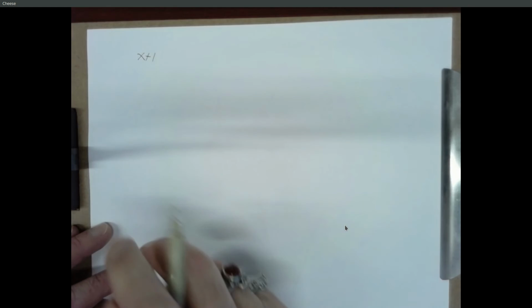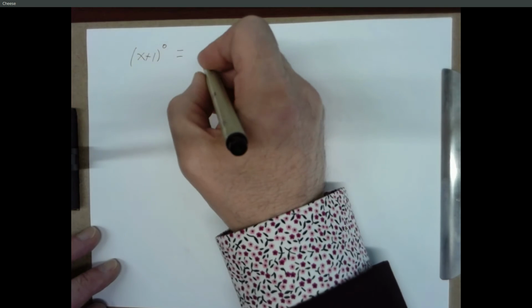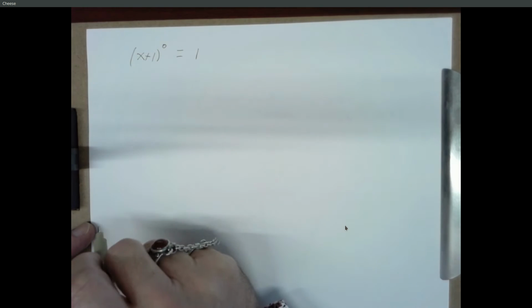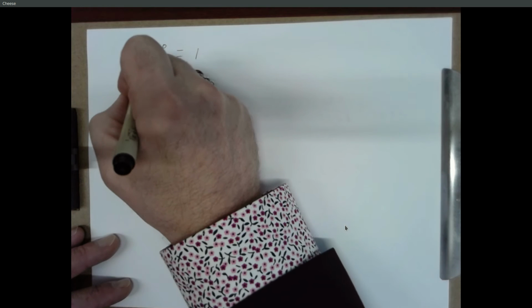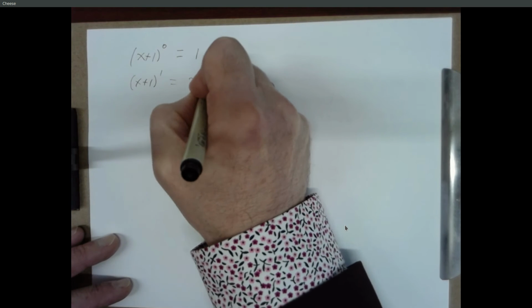Let's just start with x plus 1. And just for kicks, I'll do that, x plus 1 to the 0 is equal to 1, because anything raised to the 0 is 1. X plus 1 to the first, I'll do that one for you too, that's x plus 1.